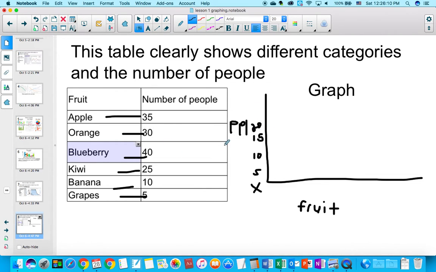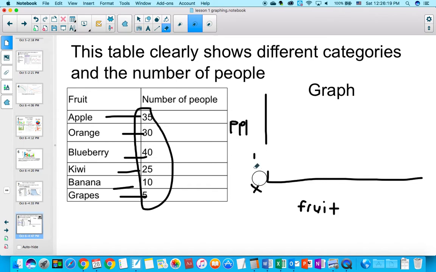Now, a common mistake people will make is they'll just take these numbers and put them here. They'll go, oh, well, if my x-axis is all the fruit, apple, orange, blueberry, kiwi, banana, grapes, then I can go 35, 30. Well, that doesn't make sense because it's not going up in any pattern.